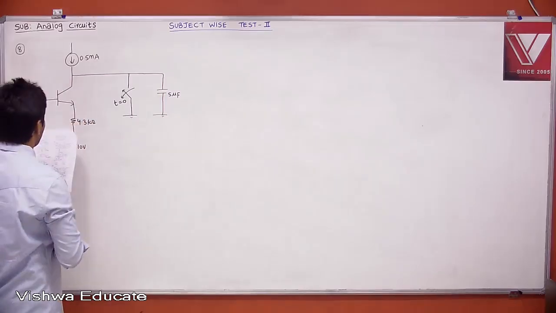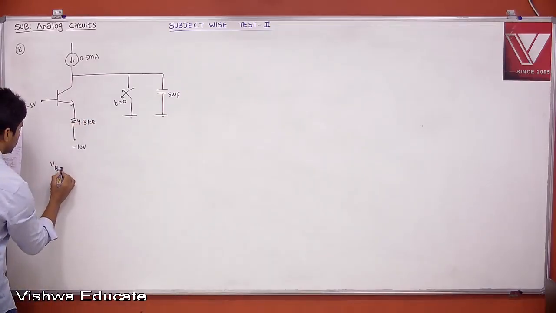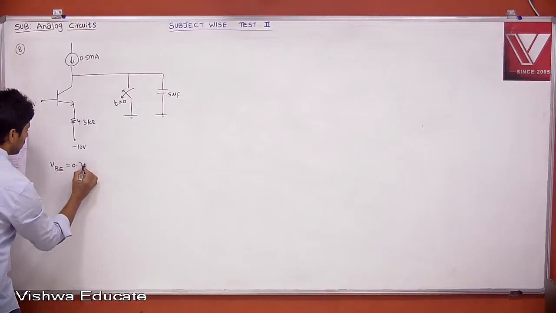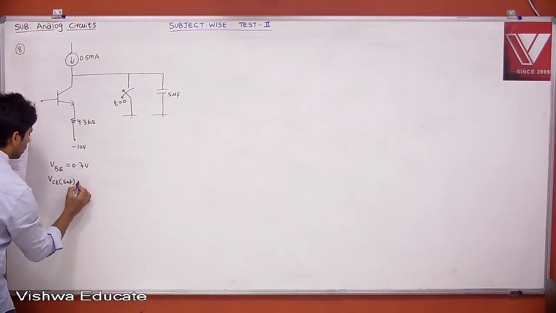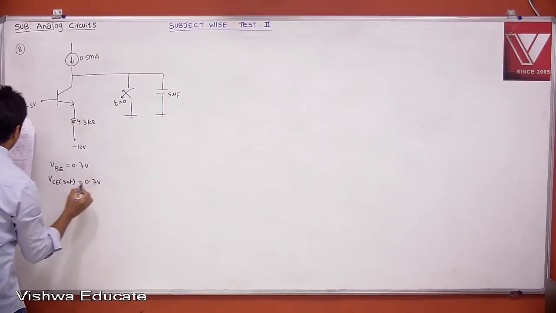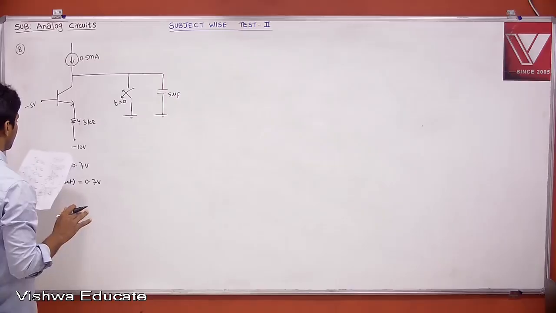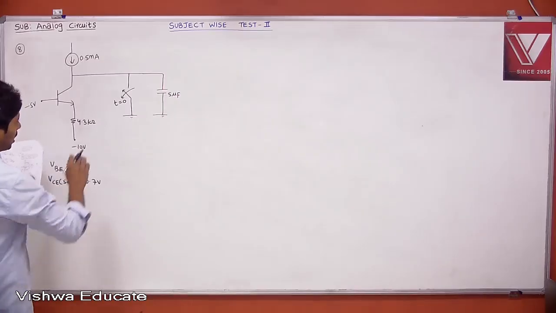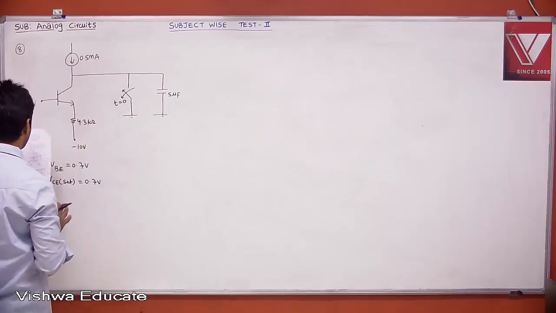Now what is it saying? VBE on is equal to 0.7, VCE sat is equal to 0.7. Initially the switch is closed. At a time t is equal to 0, the switch is opened. Whenever you are opening the switch, that is time t is equal to 0.